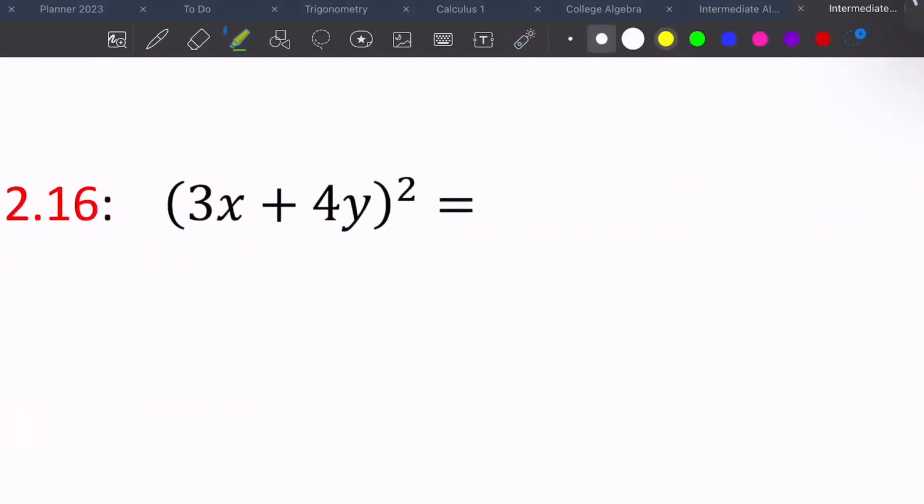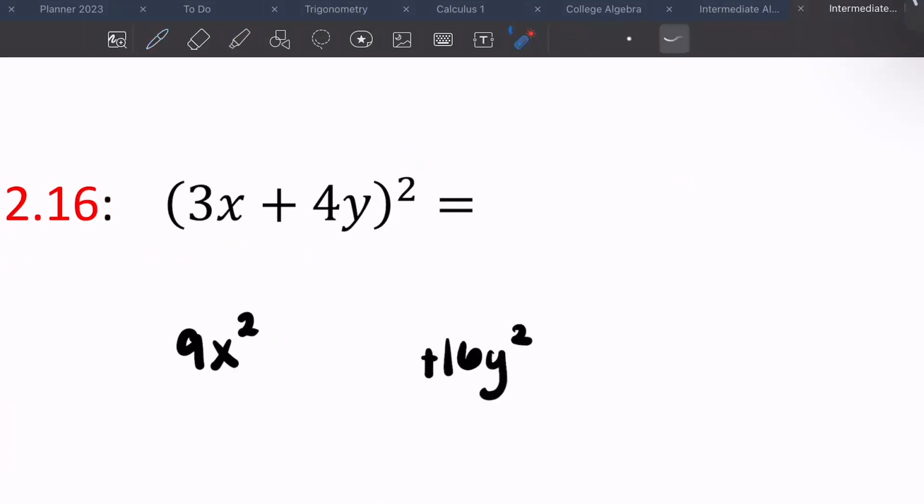Okay, one more time. 3x squared is 9x squared. 4y squared, plus 16y squared. Okay, don't forget to square your number too and not just do this. Don't do this. Okay, you're only squaring your variable. You're not squaring your number when you do that.